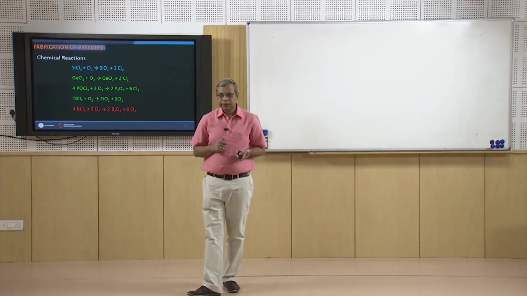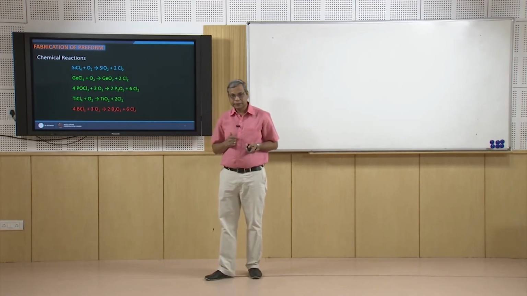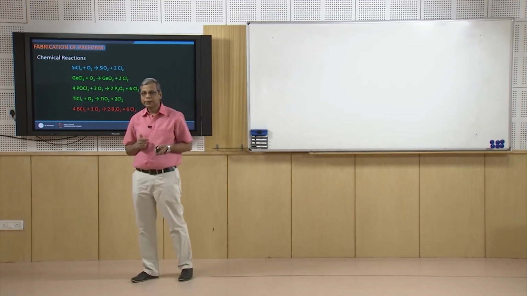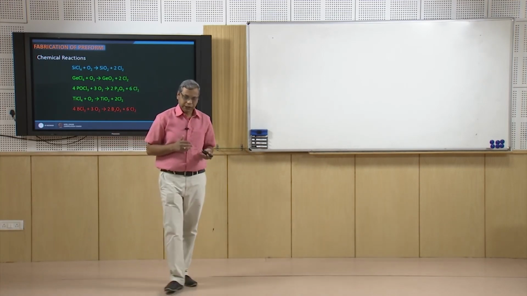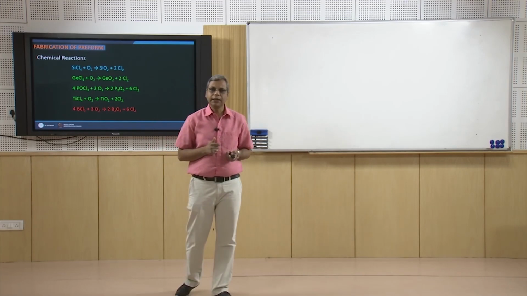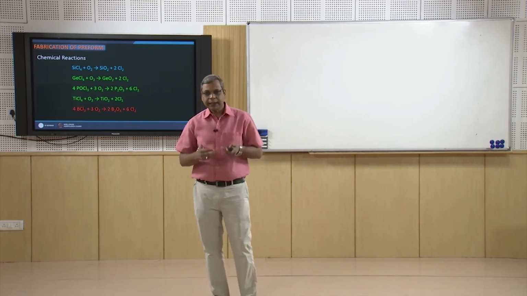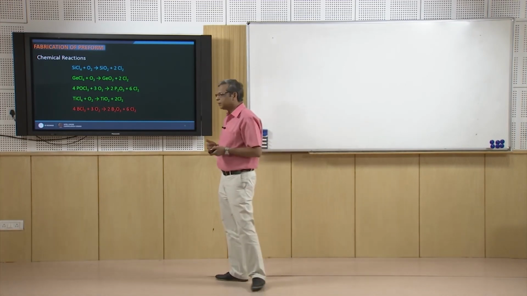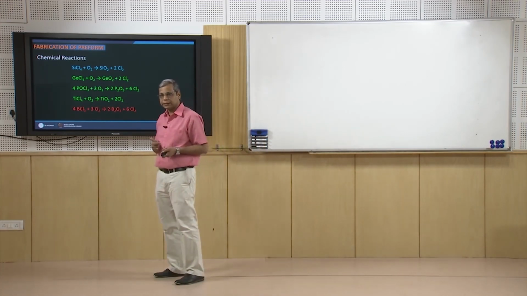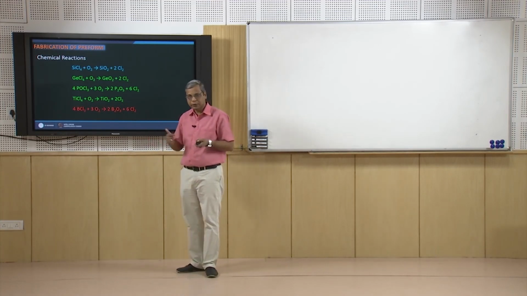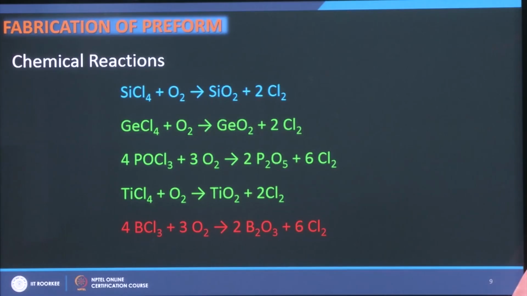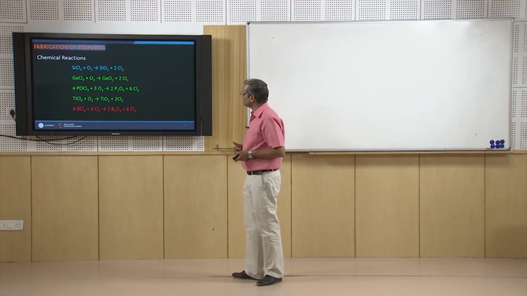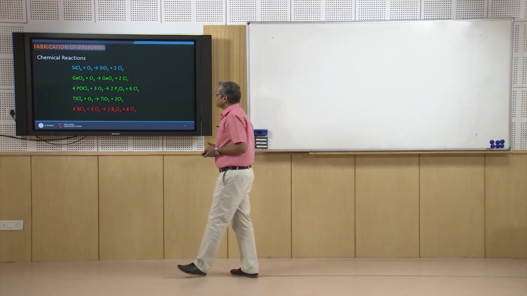These glass particles have a typical size of around 0.1 micrometer, and these particles are called soot. These particles are deposited on the internal wall of the tube, and when this burner translates along the tube at 1600 degree centigrade, these particles are vitrified and form a thin glass layer.